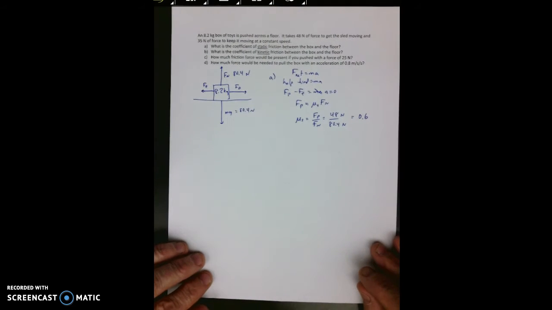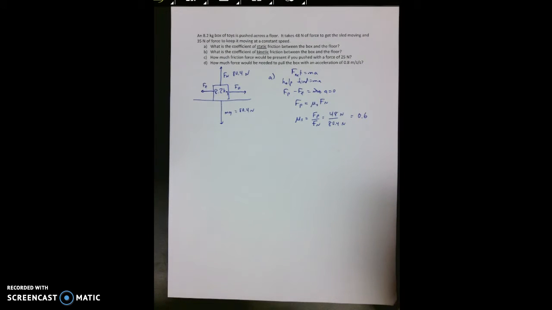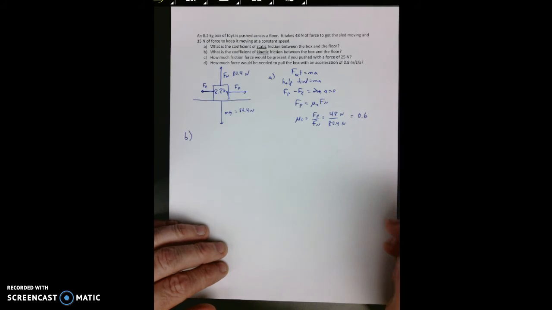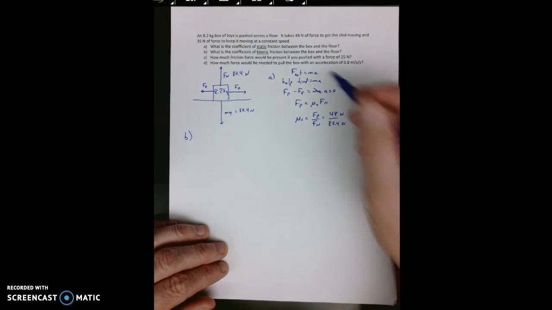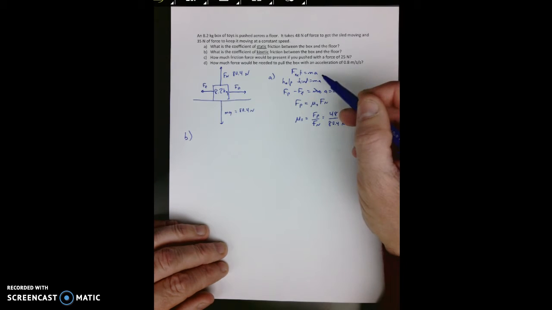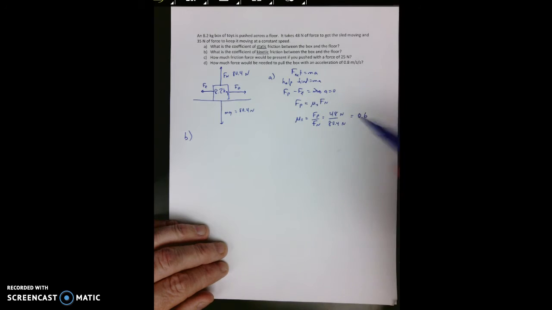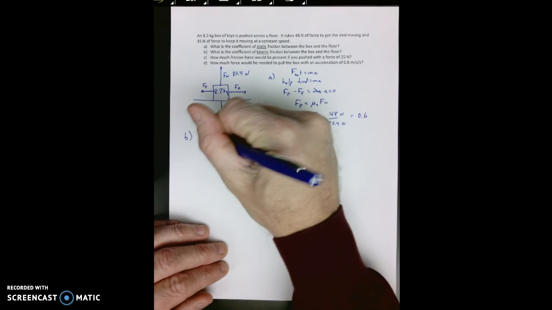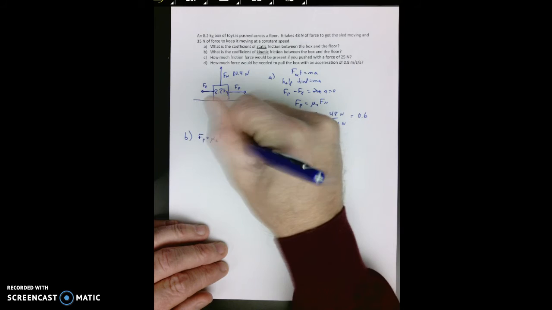The equation that I would use to work out the kinetic friction will be very similar. And it says I'm going to keep it moving at a constant speed, which means the acceleration is 0 again. I'm going to use all of these same steps. F net equals ma, helping minus hindering is ma. So the pulling force in this case is equal to the coefficient of kinetic friction times normal force.